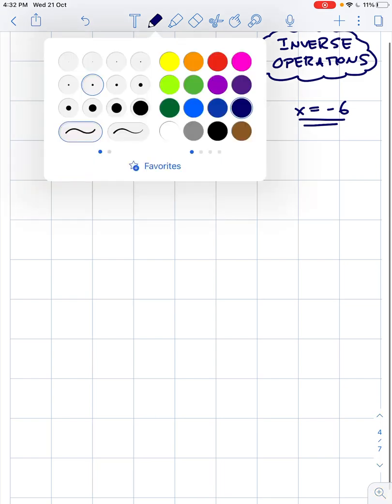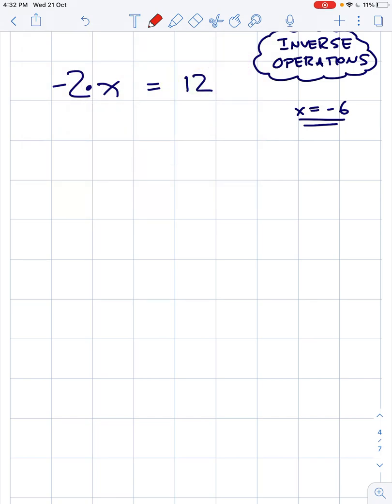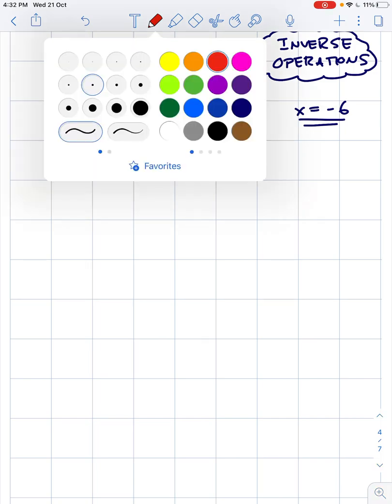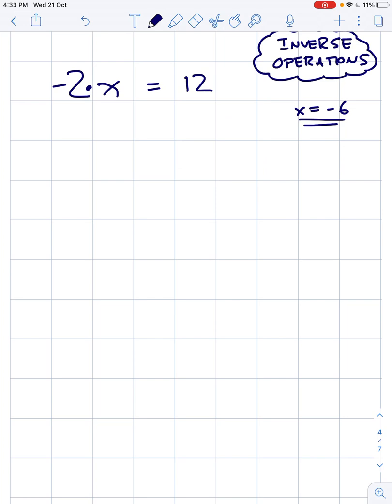So that's what I'm going to do right here. Let me show you, actually, this might be a little bit easier to understand. This isn't how we normally write it, but I could write this problem like x times negative 2 is equal to 12.